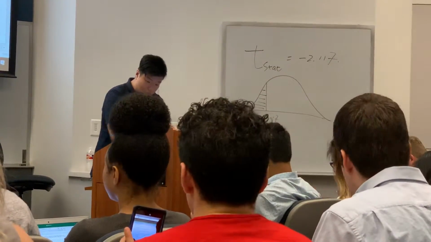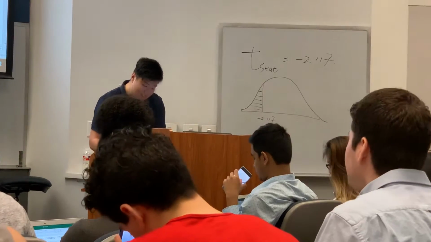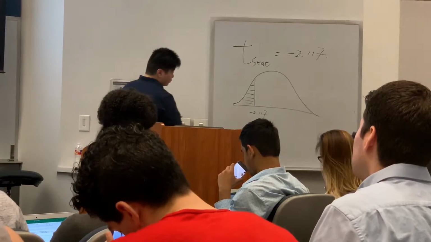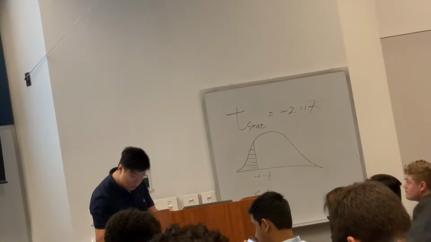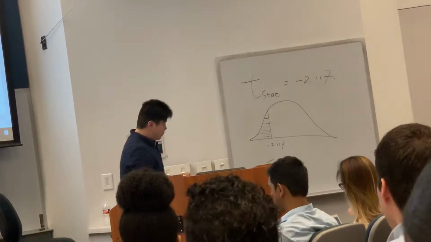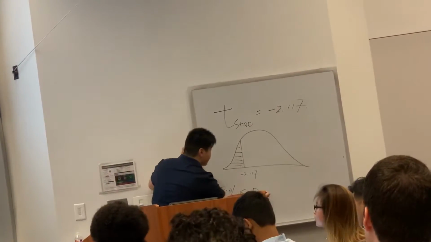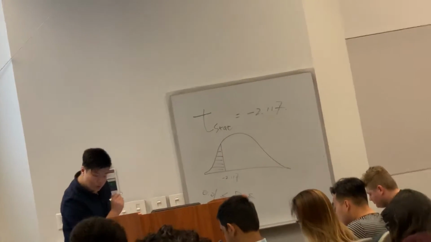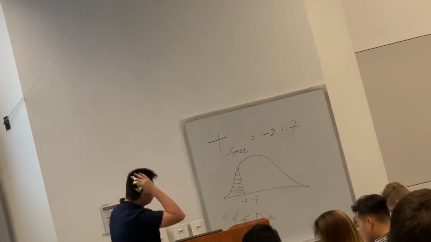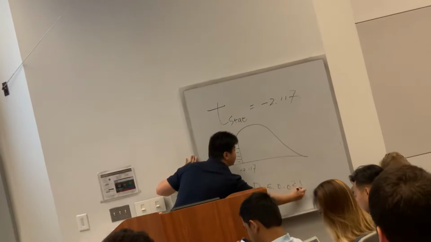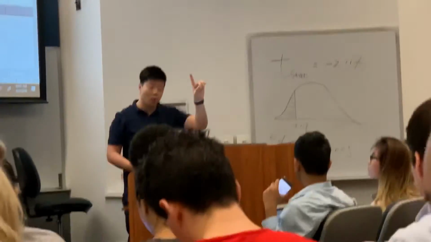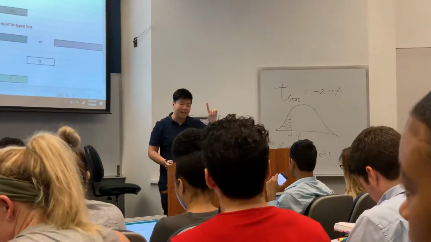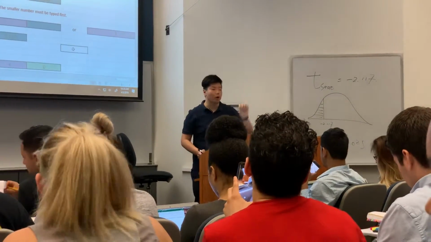So the p-value is greater than or equal to 0.01, but less than or equal to 0.025. 2.117 is in between 1.993 and 2.379 in row 74.